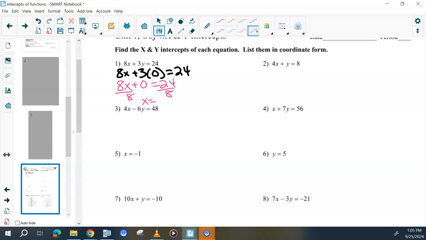So the x is 3. And we would write that as an ordered pair 3, 0. I'm actually going to write that on this side.